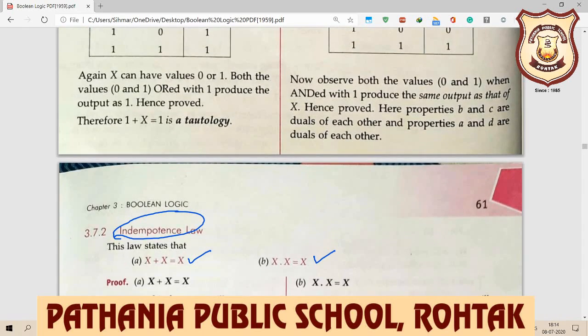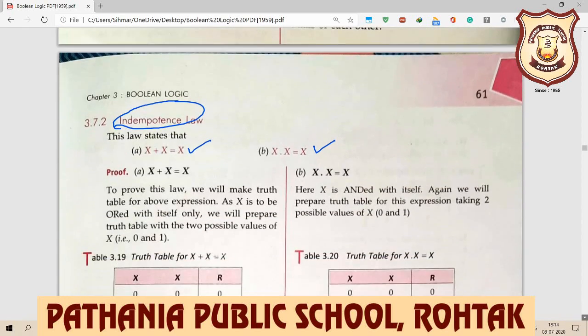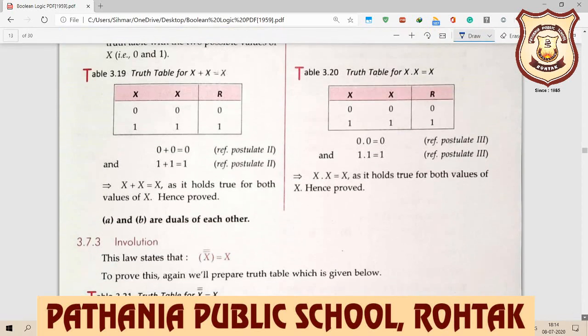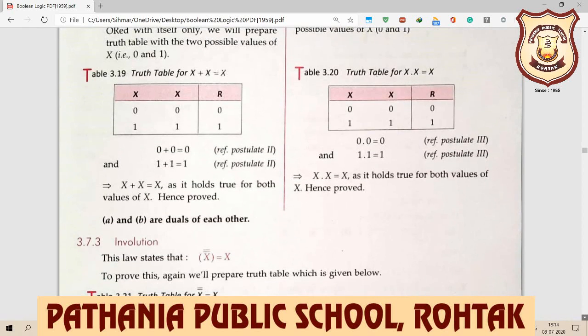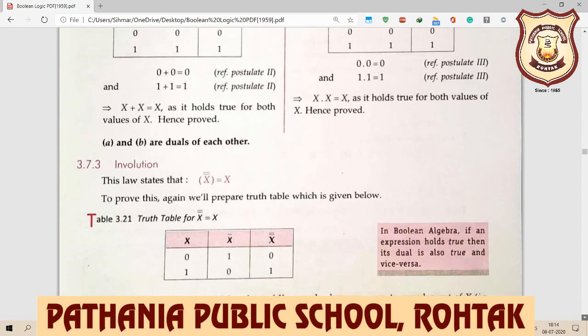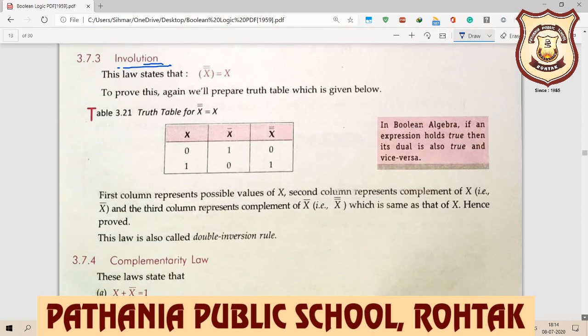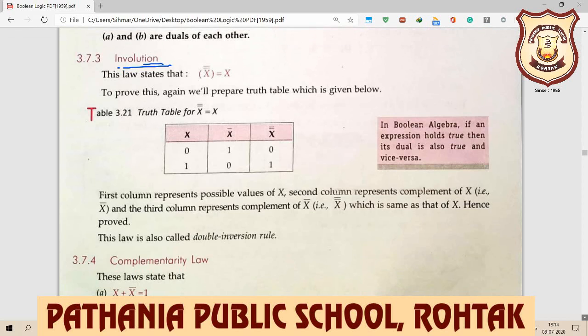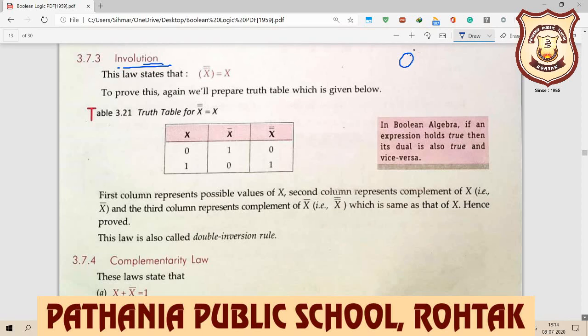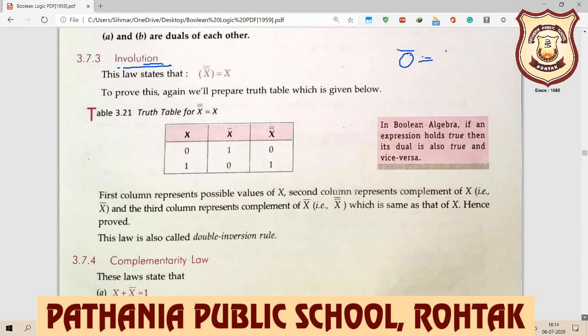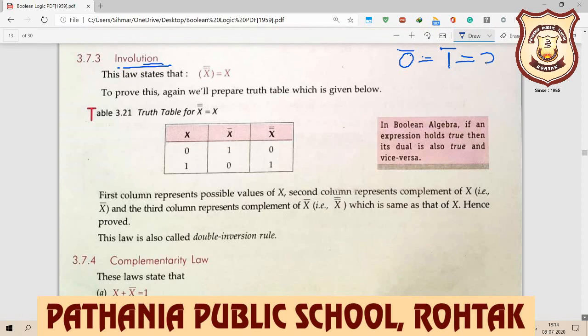Now today we learn the next law. Our next law is the involution law. This law says that if x complement is again complemented, for example, if 0 is there, then 0's complement is always 1, but 1's complement again is equal to 0.